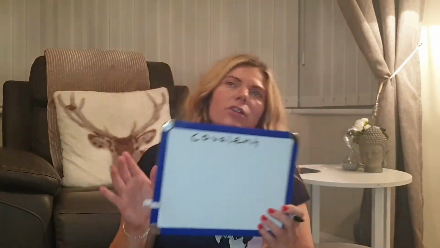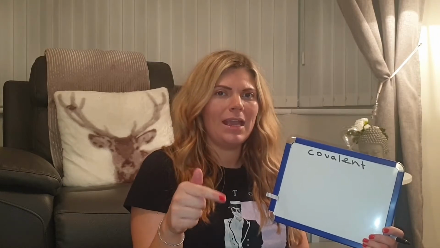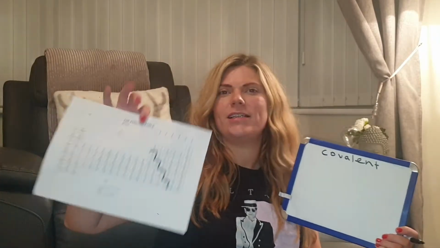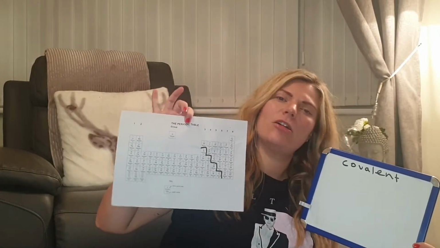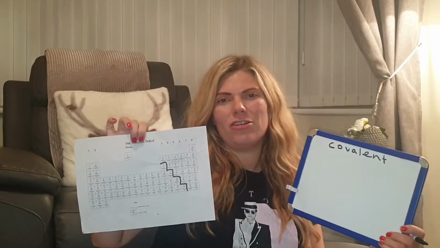Okay, so covalent bonding, two rules. It's when electrons are shared between atoms, and it happens only in non-metals. So you just got to make sure that you check your staircase if you're not sure if things are metals or non-metals. Like lithium, that's a metal.